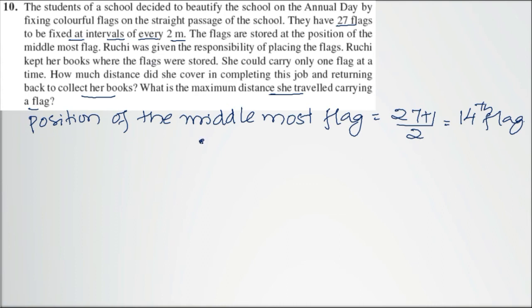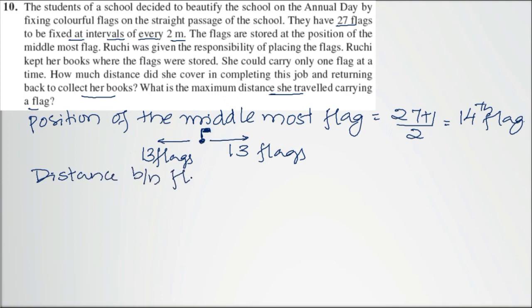So it means she is at middlemost. 13 plus 13 totally 26 plus this flag, so total 27 flags are to be placed. So distance between flags are 2 meters each. Let me mention that distance between flags must be 2 meters.